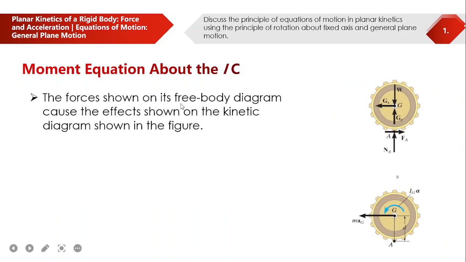So, the forces are shown in its free body diagram. Example, ito yung roller niya sa compactor. Ito yung mga forces na nag-act doon. You have your weight, yung component, reactions sa center or body center of the roller.